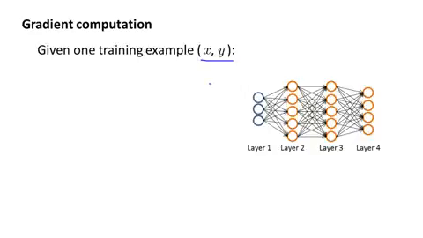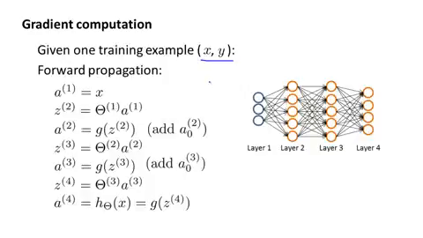The first thing we do is we apply forward propagation in order to compute what our hypothesis actually outputs given this input x. Concretely, recall that A1 is the activation values of this first layer, that is the input layer, so we're going to set that to x. And then we're going to compute Z2 equals theta 1 A1 and A2 equals g, the sigmoid activation function applied to Z2, and this would give us our activations for the first hidden layer, that is for layer 2 of the network.